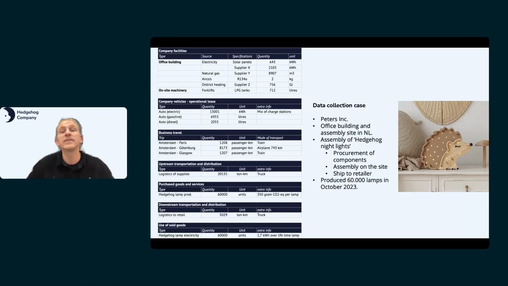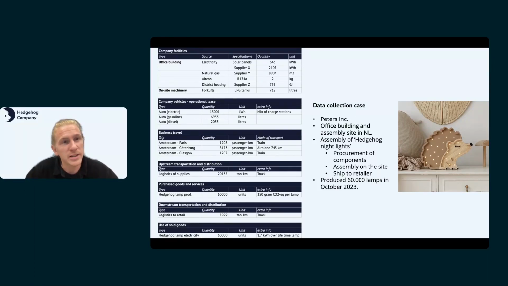So what are the main activities? They are procuring components, assembling these on their assembly site in the Netherlands, and then when the products are assembled, they're shipped to retailers and e-tailers. Peters Incorporated has produced 60,000 lamps in the month of October 2023, so it's quite a big organization.